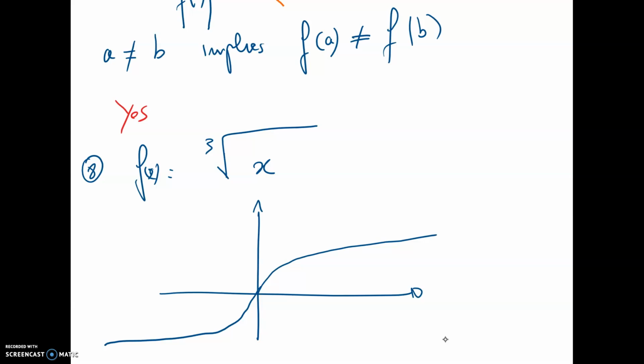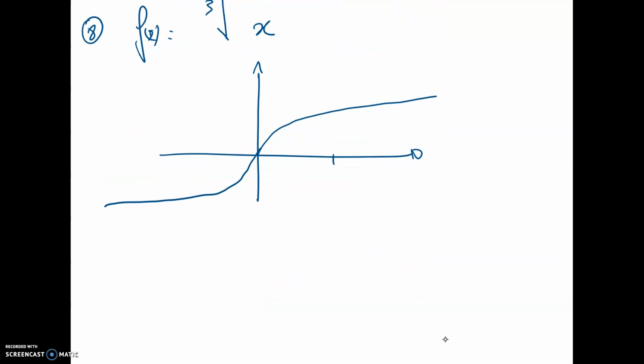And I can again see that for two values of a different than b, we end up with f of b different than f of a on the y and the x-axis. So number 8, it's also yes, it is a one-to-one function.